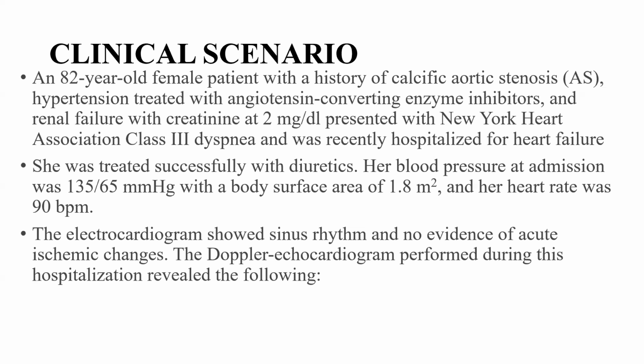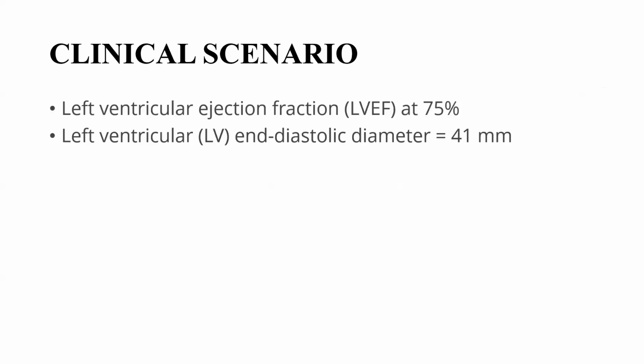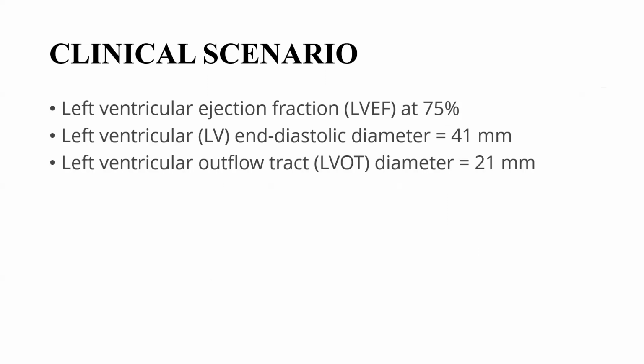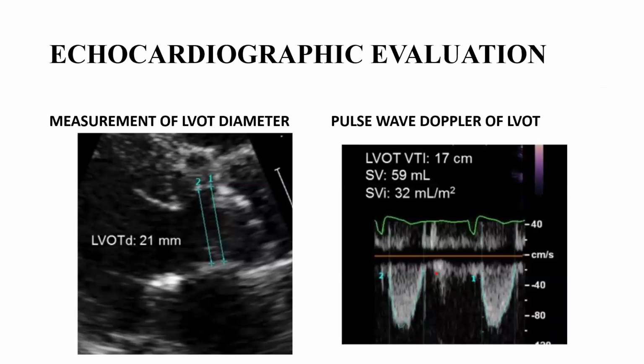She had an echocardiogram. Transthoracic EF is 75. The end diastolic diameter is 4.1. LVOT is 2.1. The left atrial volume index is 35 ml per meter squared. And she has grade 2 diastolic dysfunction. So these are the dimensions for the resting echo. As you can see, the LVOT is 2.1.